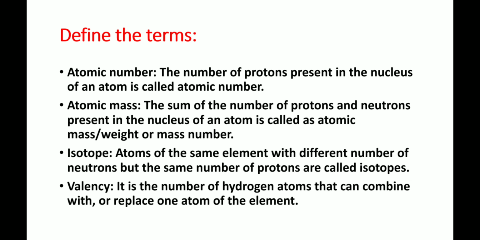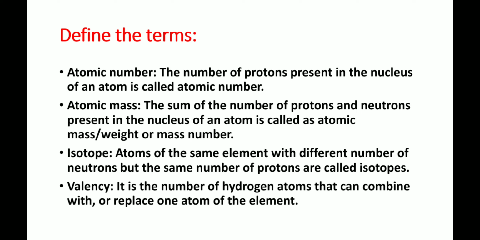Now define the terms. Atomic number. The number of protons present in the nucleus of an atom is called the atomic number. Second one, atomic mass. The sum of the number of protons and neutrons present in the nucleus of an atom is called atomic mass or atomic weight.